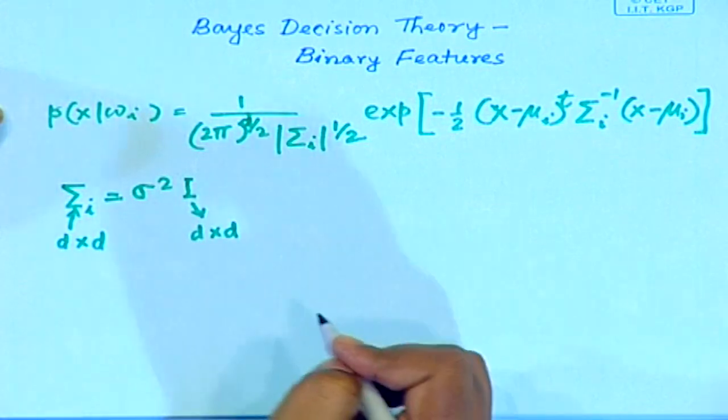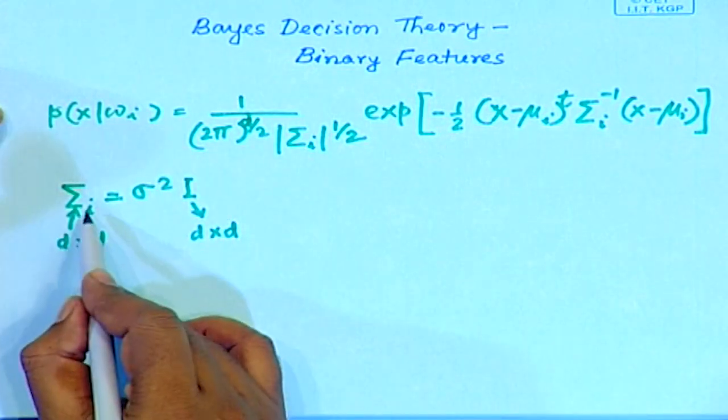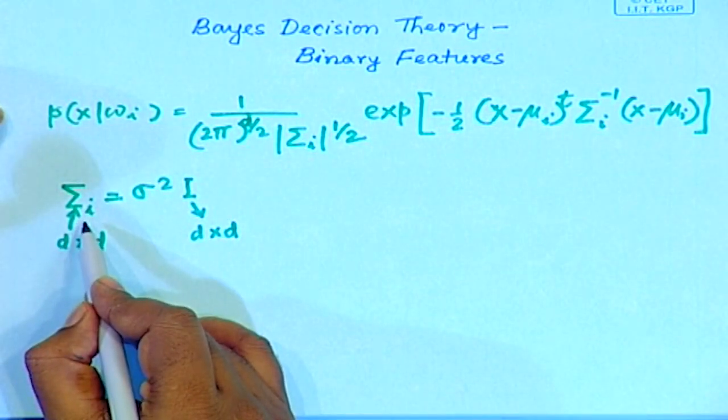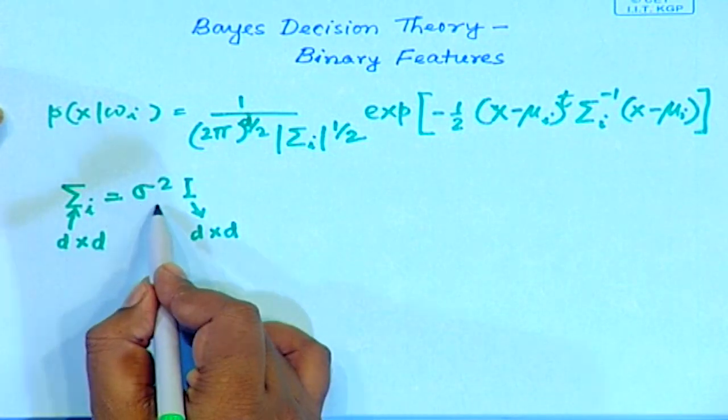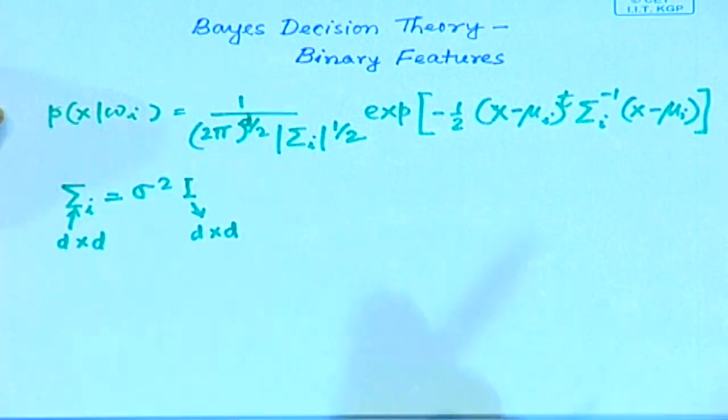Because this is an identity matrix, this simply says that the covariance matrix is a diagonal matrix where every diagonal element is of value sigma square. That means every component has the same variance, whereas off-diagonal elements are equal to 0.